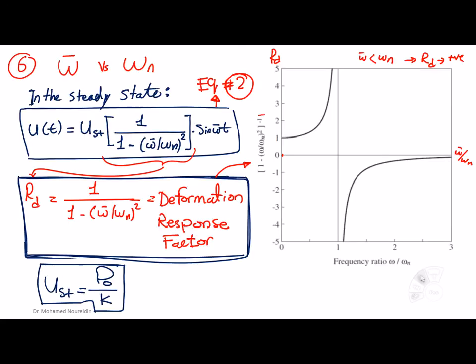I'm going to talk about this in the next white page slide so that I can show it better for you. Let's assume that we have this here. If omega bar is smaller than omega n, from our equation RD is going to be positive. What is the meaning of RD? We go back again here. RD is the deformation response factor. It is going to give us the relation between the dynamic and static deformation.